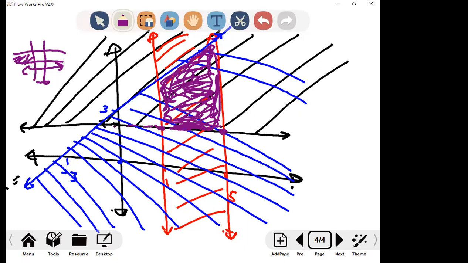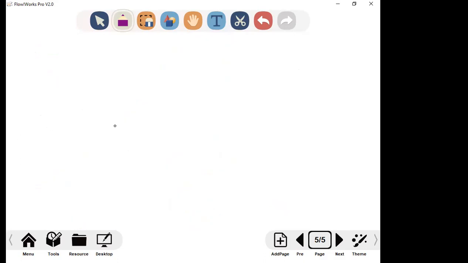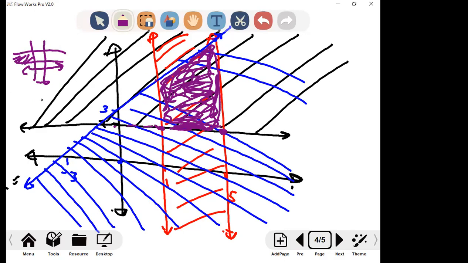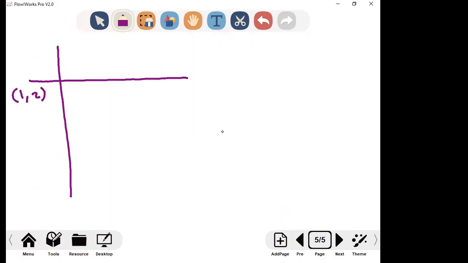So 1 and 2. So I'll prepare my points now. I'll make my table. The first point is 1 and 2. The second point is here 5 and 2. This one, right? So 5 and 2.